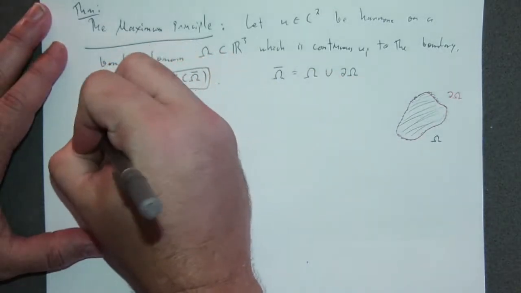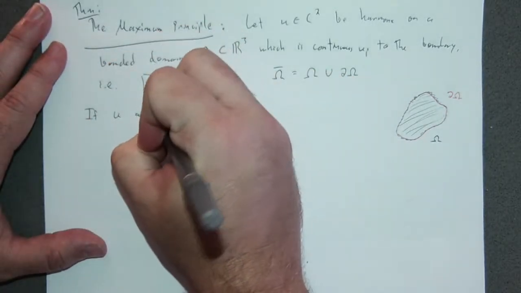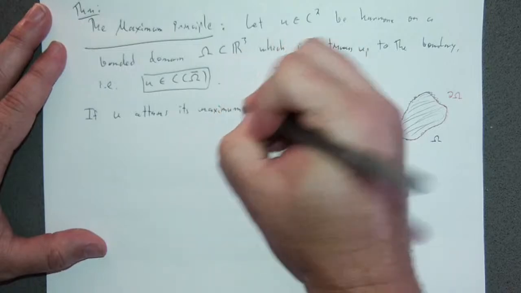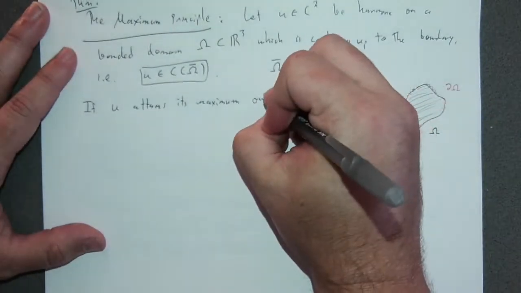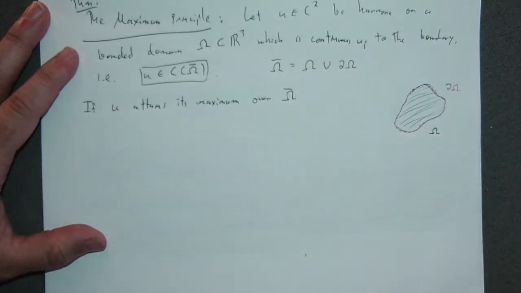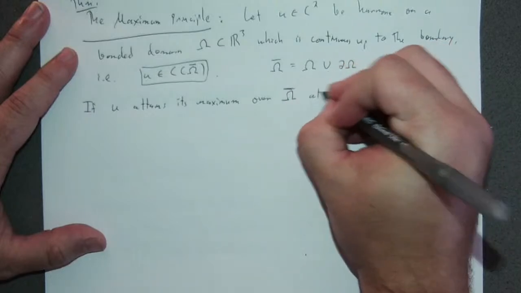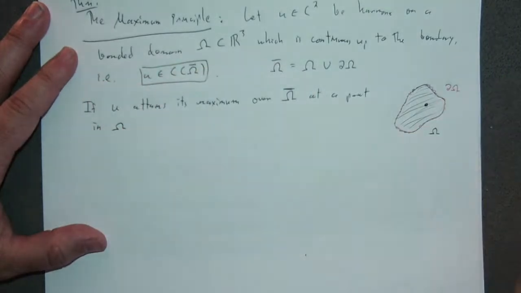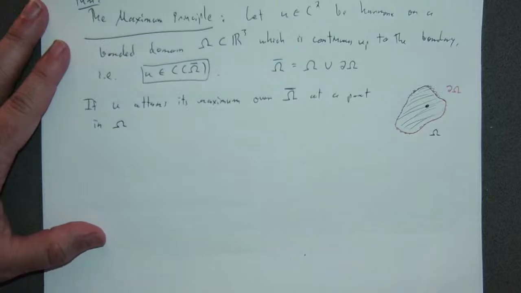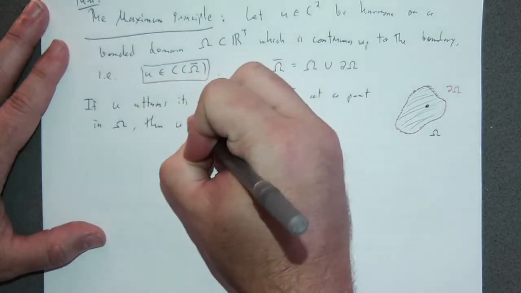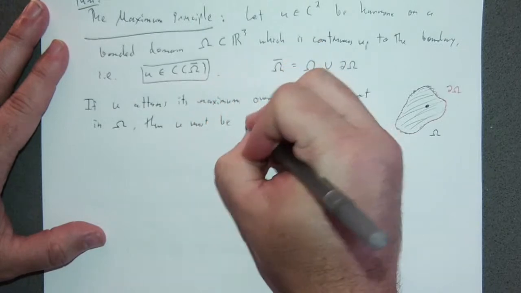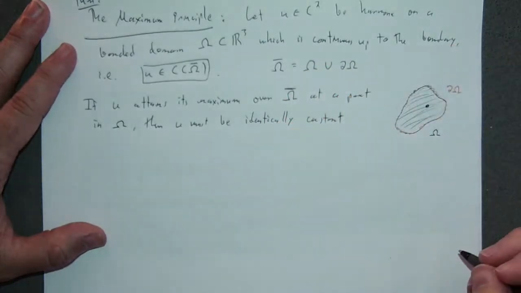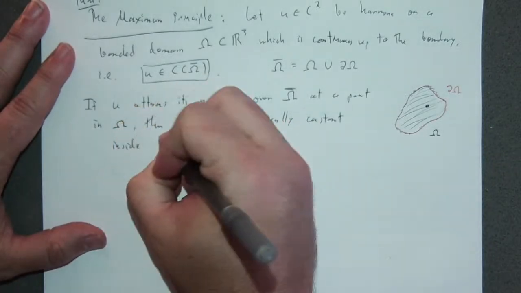So if U attains its maximum over omega bar, the closure, at a point in omega, so at an interior point, then U must be identically constant inside omega bar.